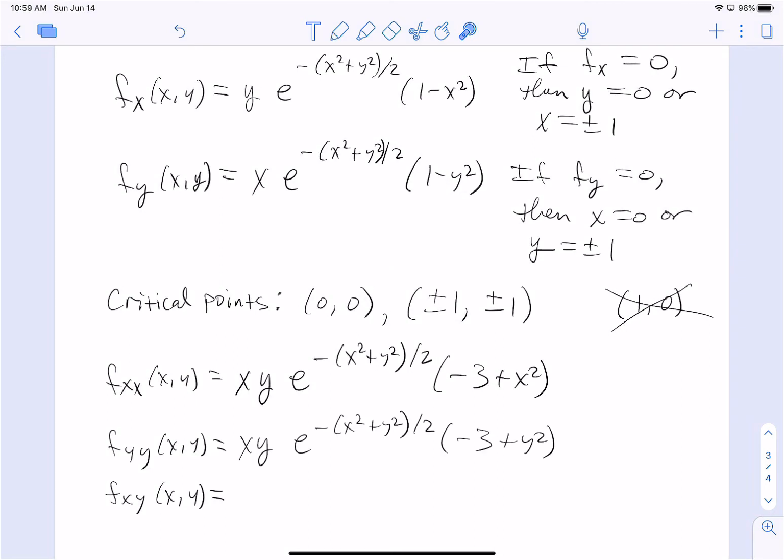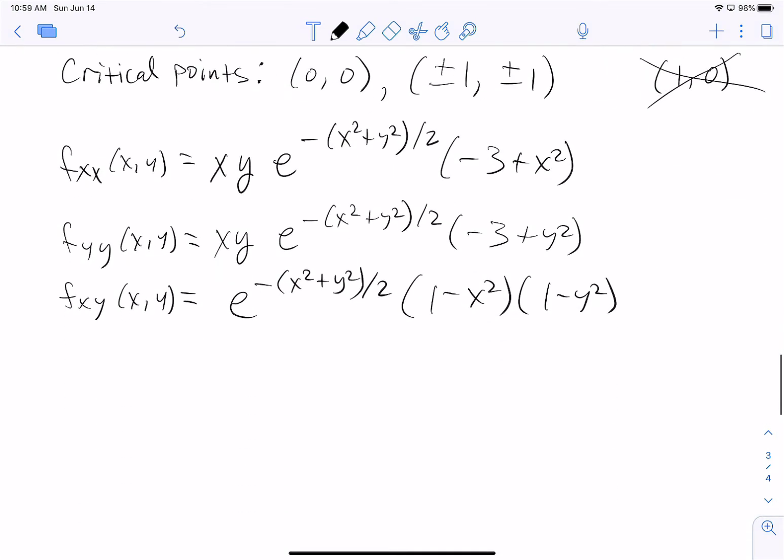Likewise, fyy is x y e to the quantity negative x squared plus y squared over 2 times negative 3 plus y squared. fxy is e to the negative quantity x squared plus y squared over 2 times 1 minus x squared times 1 minus y squared. It's a great algebraic exercise for you to confirm that you get these same expressions. I'm not being facetious, it really is.